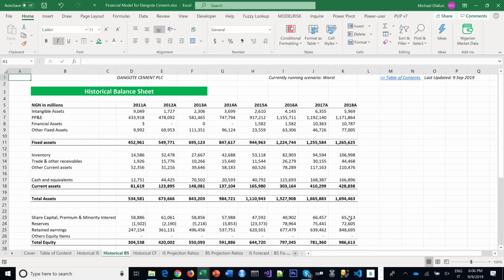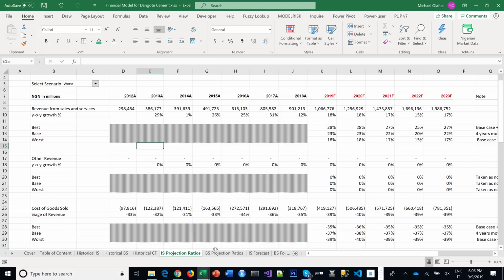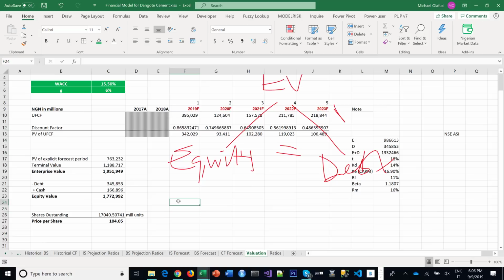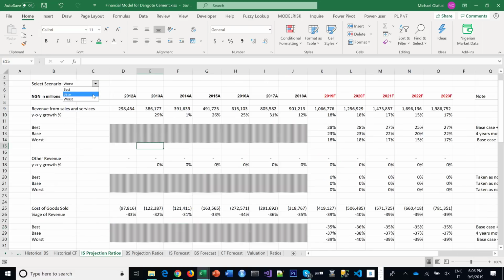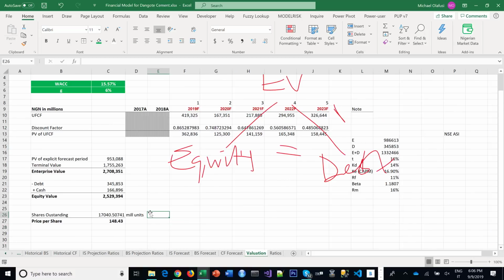And everything you change here, if you come in and make adjustments, like this one where I'm taking it at 100, anytime you make adjustments, it always feeds back into the model. If I start switching between the scenarios, if I go to the base case, see, it has come to 149.